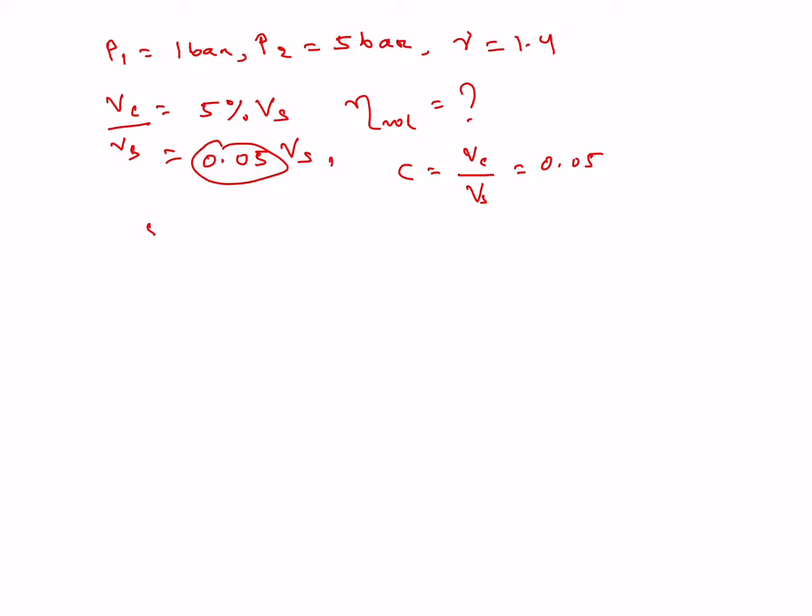One more thing given: 5 to the power 0.714 equal to 3.157. Pressure ratio, how much will you get? P2 by P1, 5 by 1, 5.